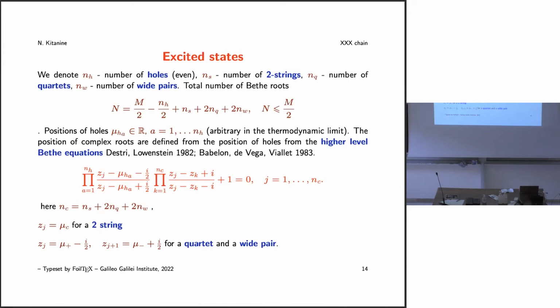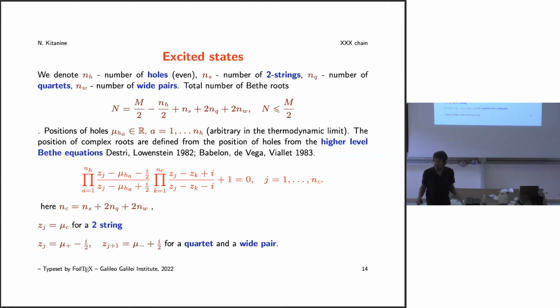And what is interesting, all the states will be degenerate. They will have the same energy, the same momentum. So they describe hugely degenerate sectors in this chain with fixed positions of holes. That's a very important thing. When you consider these low-lying excitations, you replace a huge number of Bethe roots, which you obtain from solving your chain, by a finite number of Bethe roots, obtained from the higher level Bethe equations.